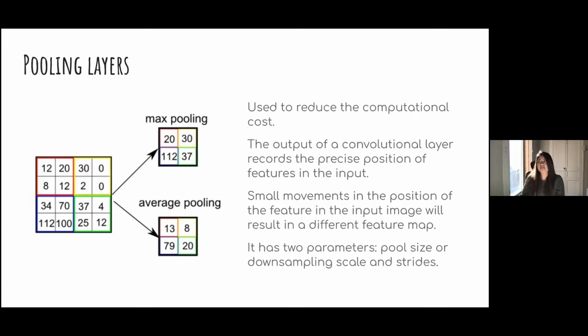We have the max pooling layer and the average pooling layer. For this project, we use max pooling because it removes noise from the images and also performs better. My suggestion is to use max pooling, but it also depends on the case.